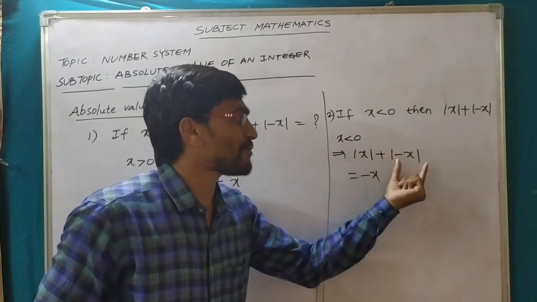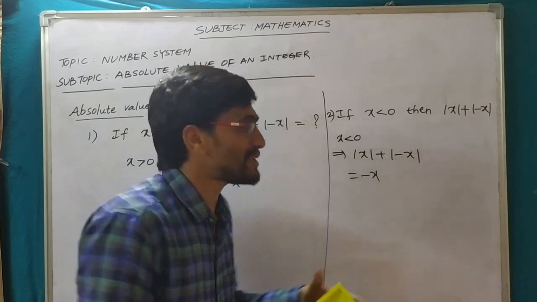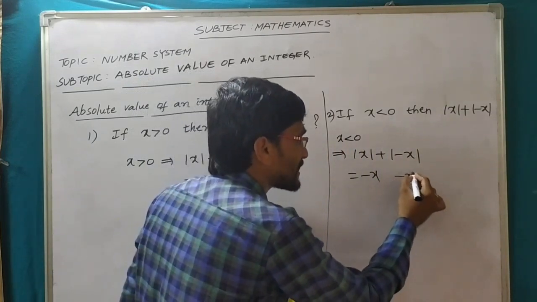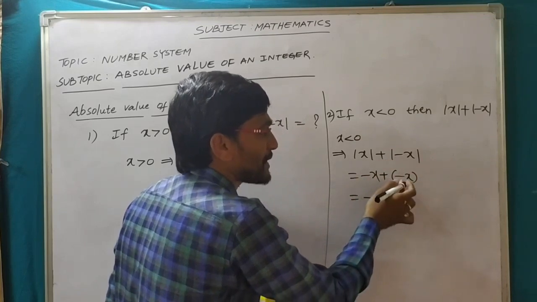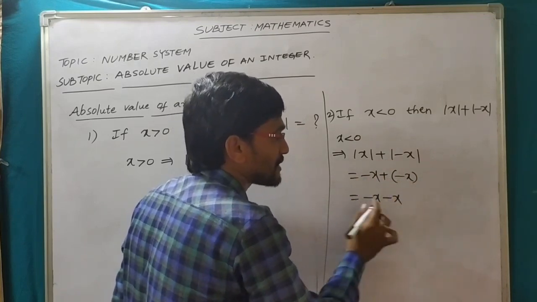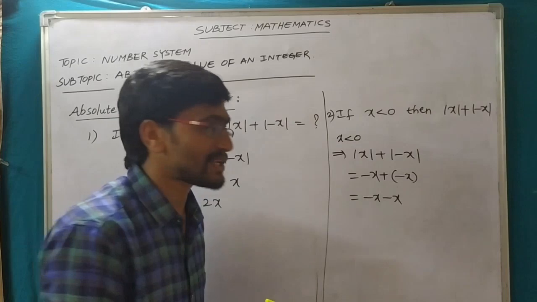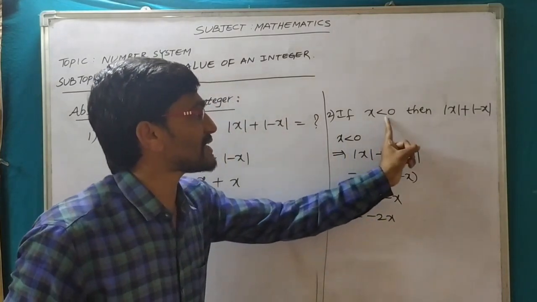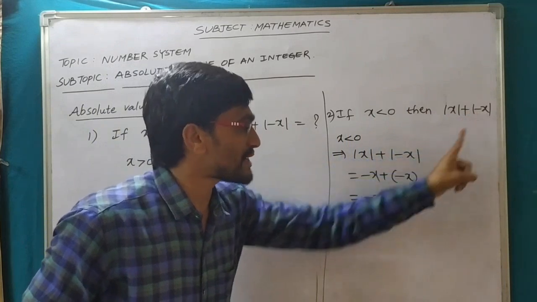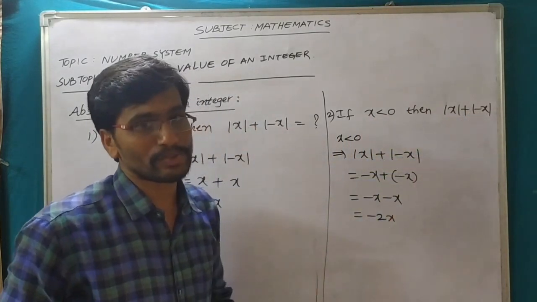Modulus minus x, previously we discussed, is also minus x. In between them we have plus. So minus x plus minus x is nothing but minus 2x, right? So if x is less than 0, then modulus x plus modulus minus x is equal to minus 2x.